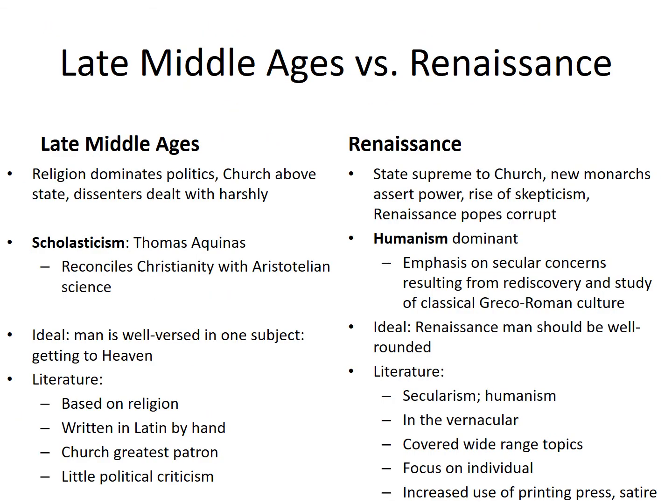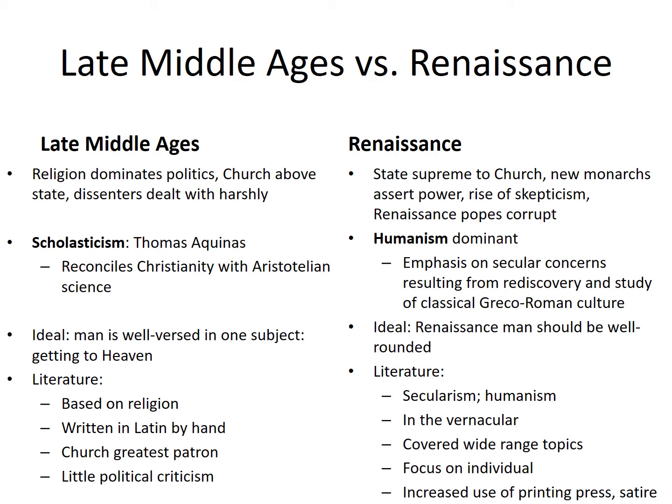The late Middle Ages versus the Renaissance. Of course, you see on the left, basically a laundry list of late Middle Ages ideals. Religion dominates politics. The church was above the state. Dissenters were dealt with very harshly, oftentimes burned at the stake in front of the Inquisition.